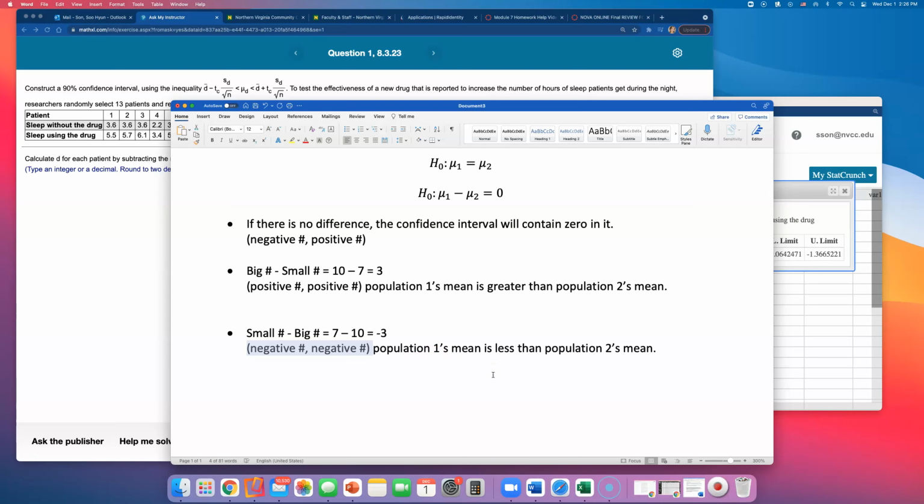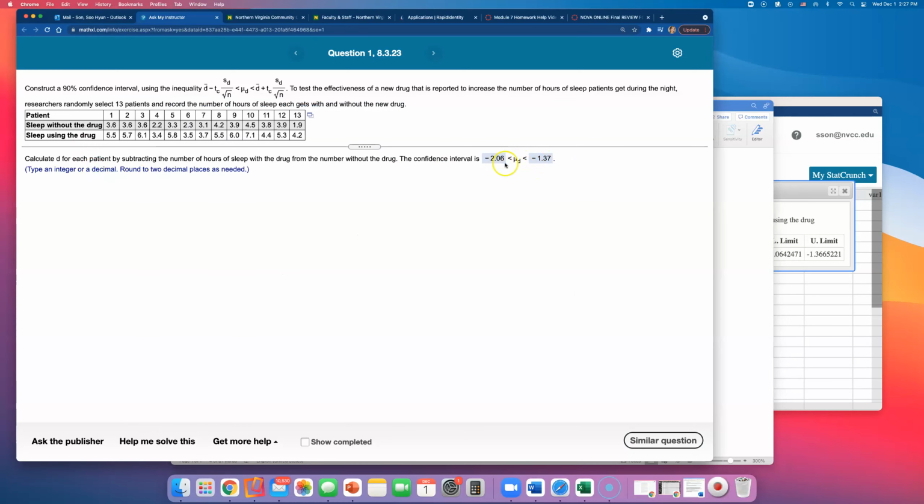So what are we saying here? We're saying that sleep without the drug is less than sleep using the drug. This is significant because this confidence interval being completely below 0 tells us that if you use this drug, you will increase the hours of sleep that you'll get. Okay, so that's the good news for this drug company, right?